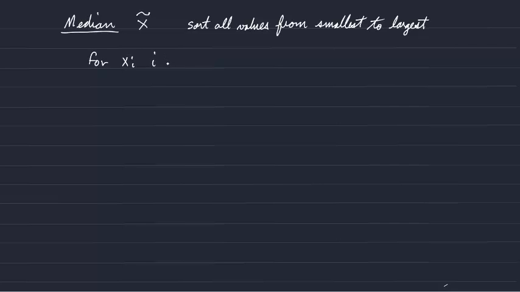And the way we compute the median is we sort all values from smallest to largest. So for xi, i goes from 1 to n, and x1 is the smallest, x little n, because we're dealing with the sample, is the largest.